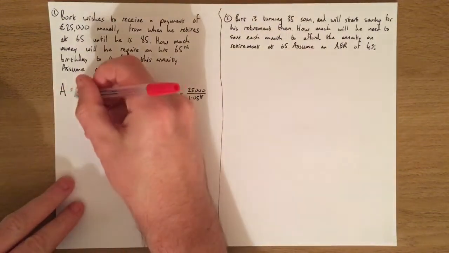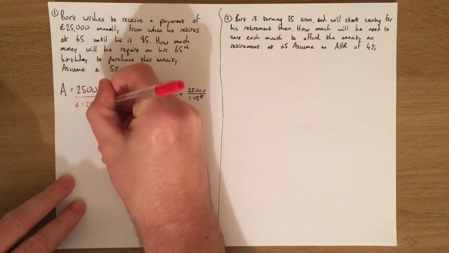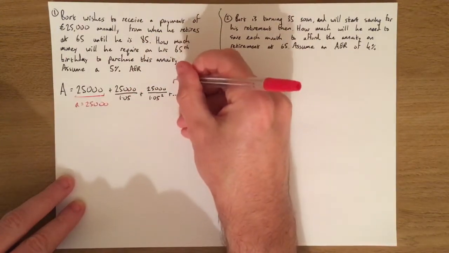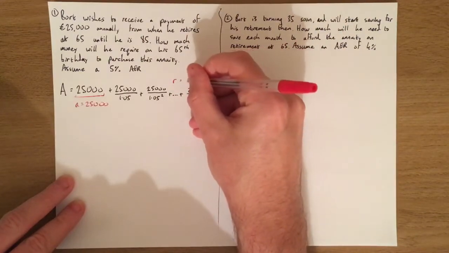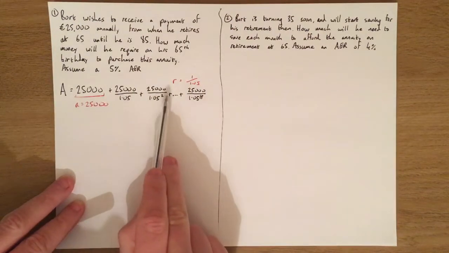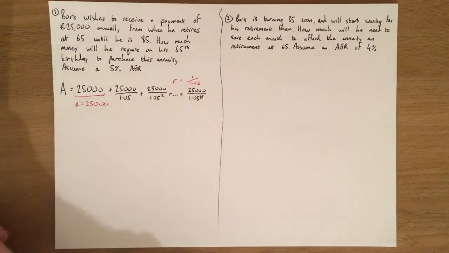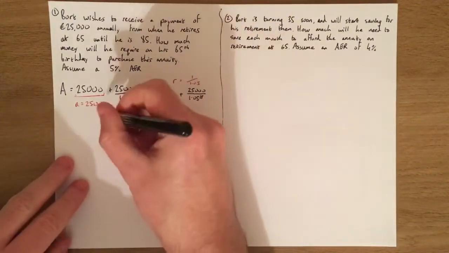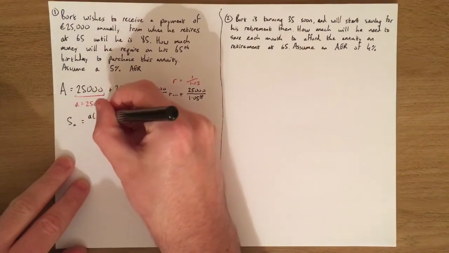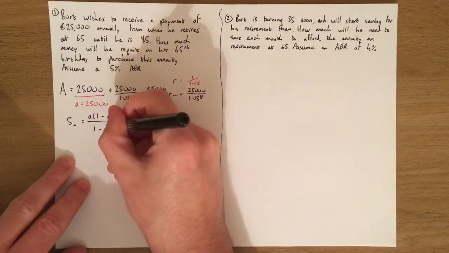So we've got a geometric series here, and our first term in it is 25,000. And what am I multiplying by to get from term to term? What's my R? Well, it is 1 over 1.05. So 1.05, then power 2, then power 3, etc., until power of 19. So that is my R. So I'm going to do my S_N formula. S_N is equal to a on 1 minus r to the N, over 1 minus r.